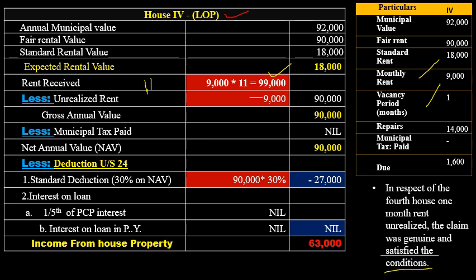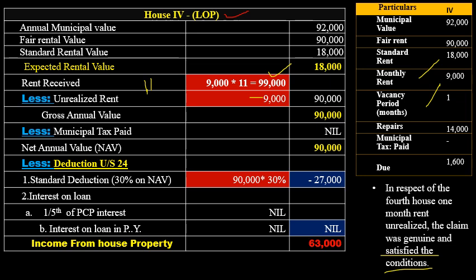You can consider 9,000 into 10, 90,000, or you can deduct 99,000 minus 9,000. The let out duration was 11 months, and in that 1 month rent was not received, so the total actual rent received by the SSC for the previous year is 90,000.